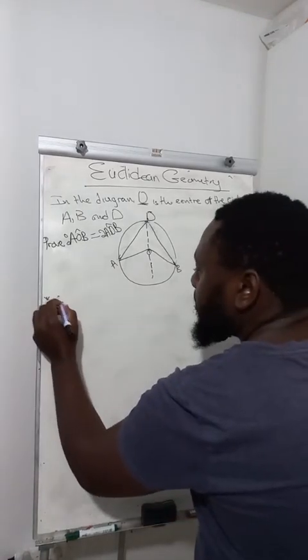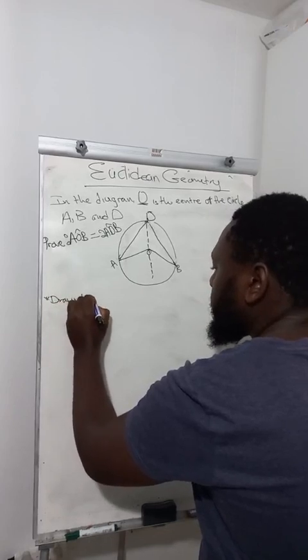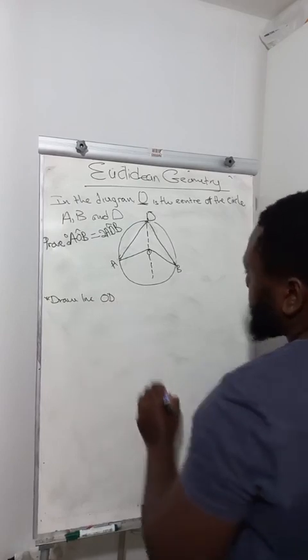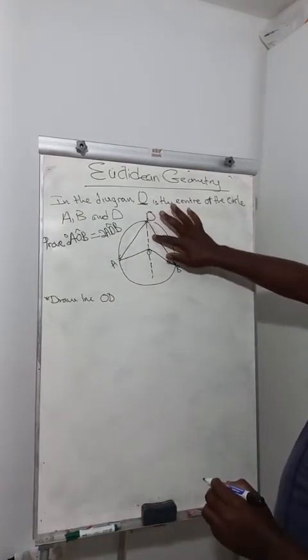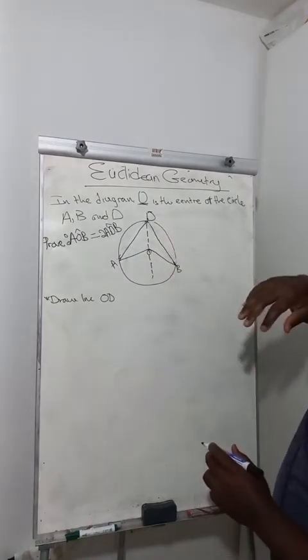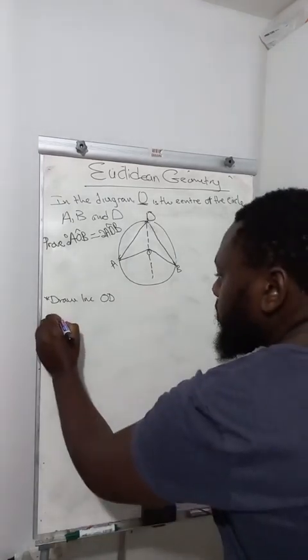So the first step here, you'll say draw line OD. This is the first line which you drew, this one which I shaded here. So this is the first step which you have to do. After doing that, because you drew this line, you have to then say DO.